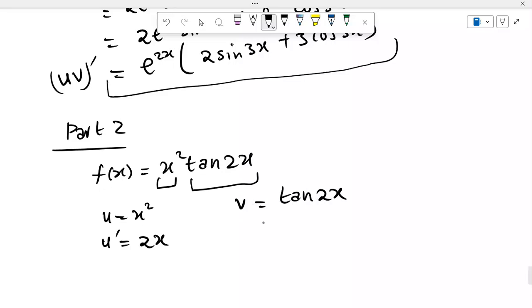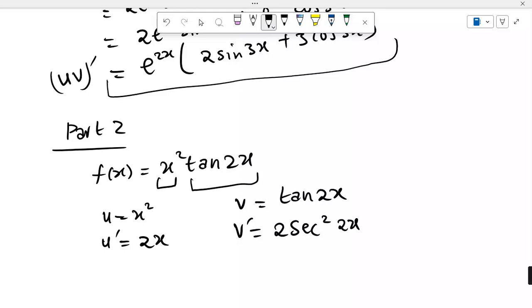So what is the derivative of tan? As long as there is a constant here, the constant has to come out. Then the derivative of tan is sec squared.